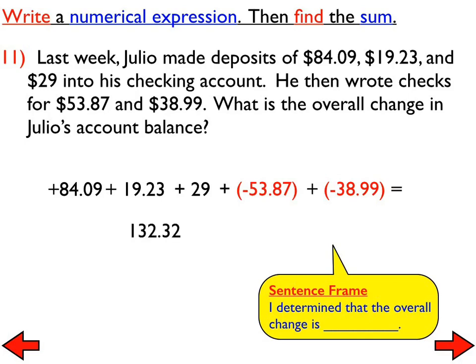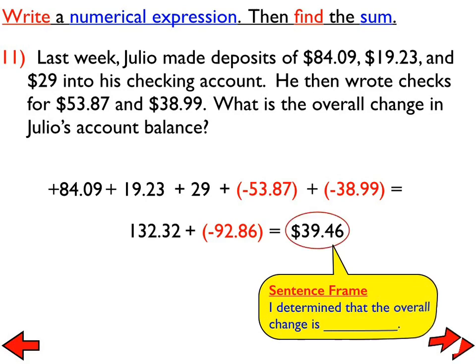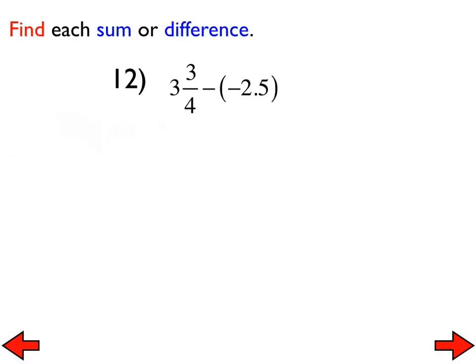Gather your positives together. Gather your negatives together. We have more positives than we do negatives. In fact, we have 39.46 more positives. So I determined that the overall change is $39.46.